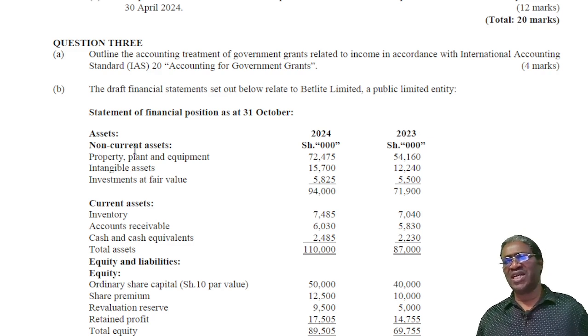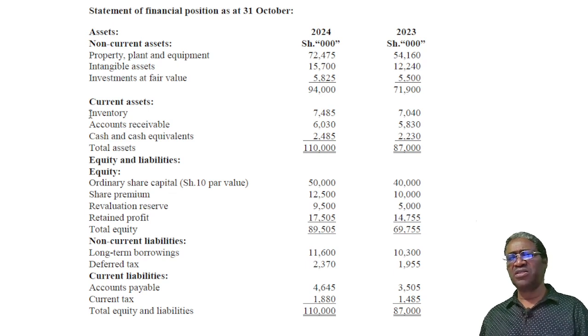You're given the non-current assets. They include property, plant, and equipment. You're given intangible assets. You're given investments at fair value. Then you are given inventory. Then you are given accounts receivable, cash and cash equivalent.